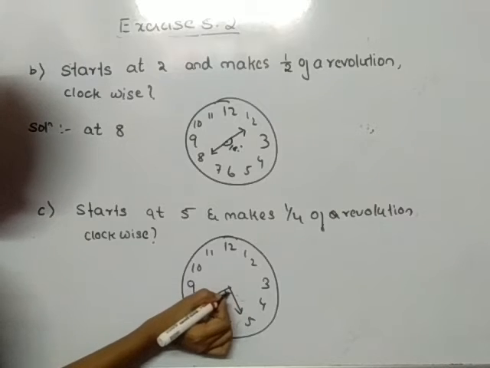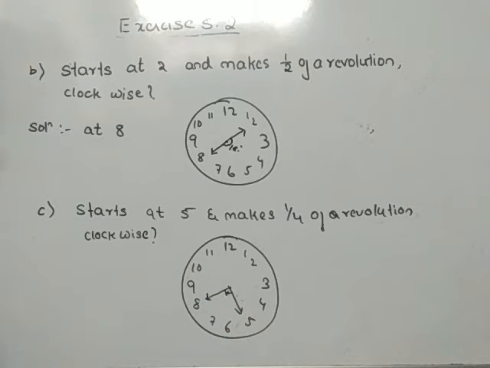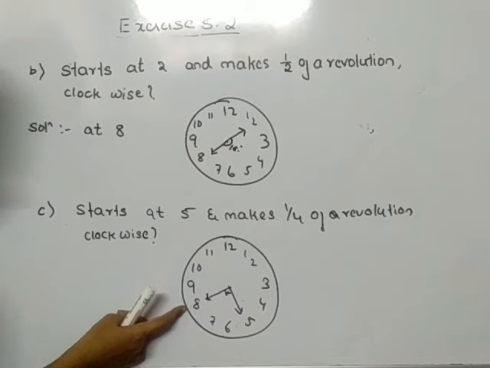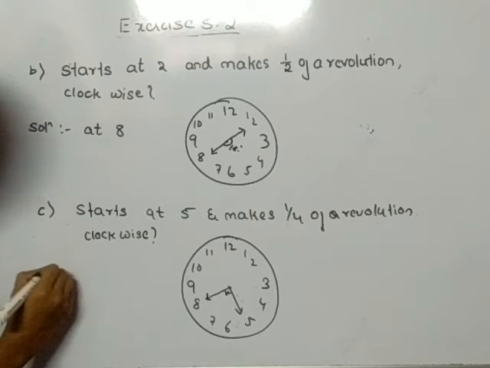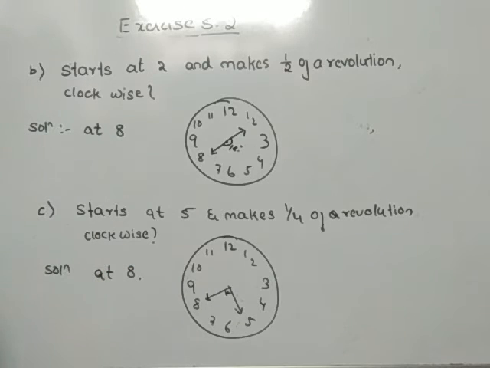Out of 4 parts, it has rotated only one part of a revolution, right? So we write the solution here as at 8. Okay, this is the answer for the third one. We'll move to the fourth one.